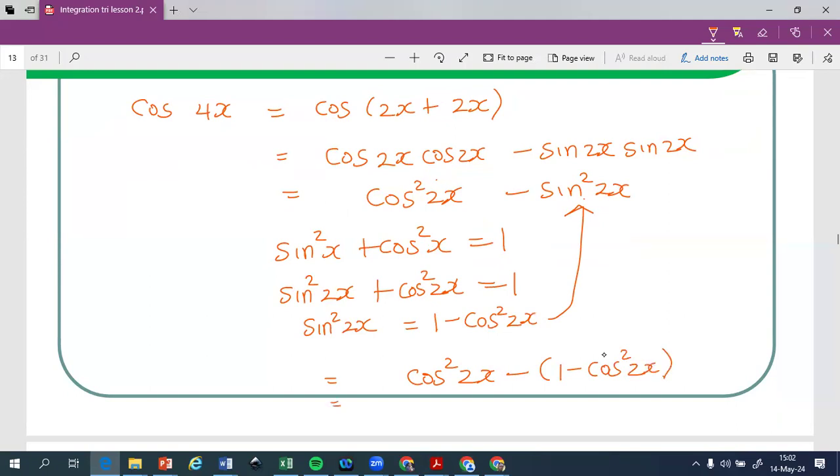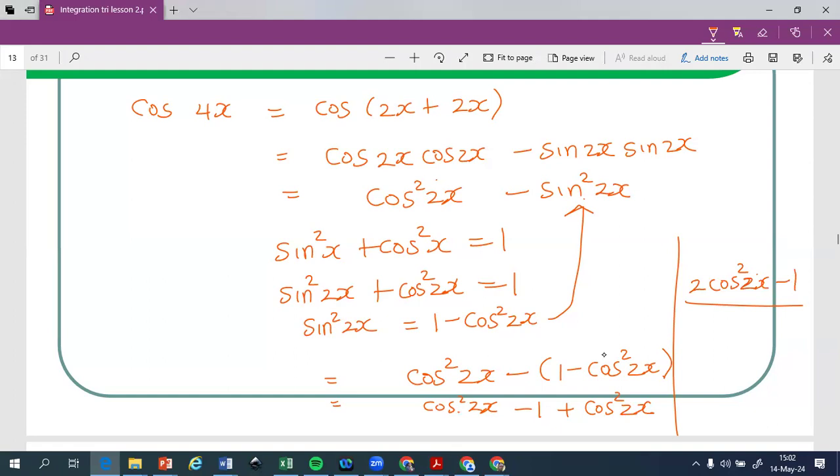I open up the brackets: cos squared 2x minus 1 plus cos squared 2x. So cos squared 2x plus cos squared 2x gives us 2 cos squared 2x minus 1. So that's where it comes from.